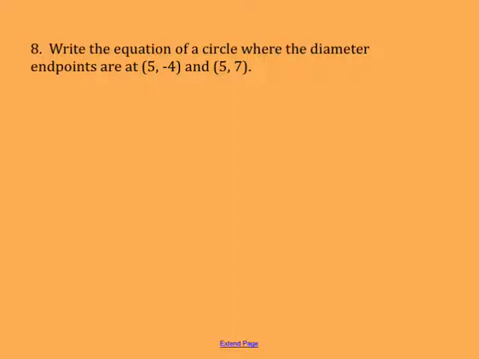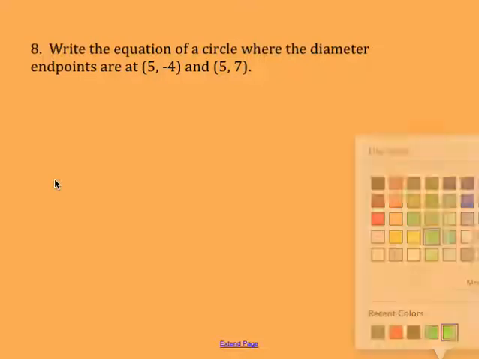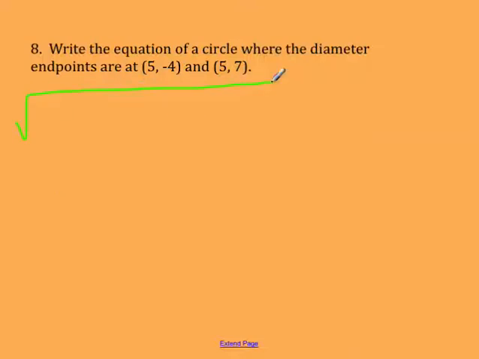Finally, let's take a look at number 8. Write an equation of a circle where the diameter has those endpoints. The first thing I need to do is calculate the distance. So I'm going to do (x2 minus x1) quantity squared, plus (y2 minus y1), well, that's going to become plus a positive.